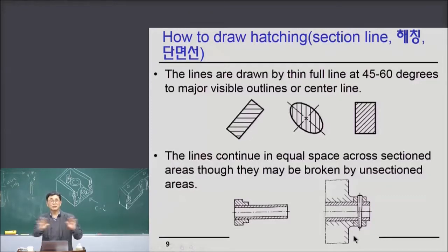Even if it is on the sectional plane, you never apply any hatching to the pin. Okay? Right? This is very important. If a hatching line is added, then you don't understand what it is. But without a hatching line, you can see it. Oh, this is a pin. You know it right away.